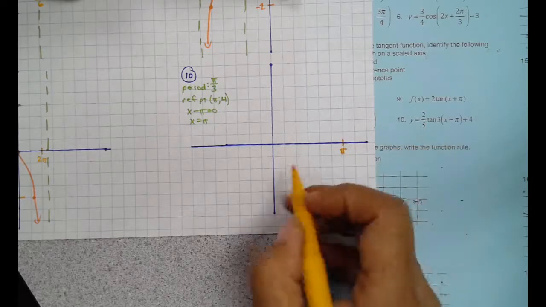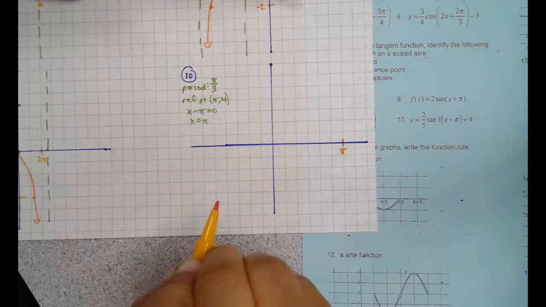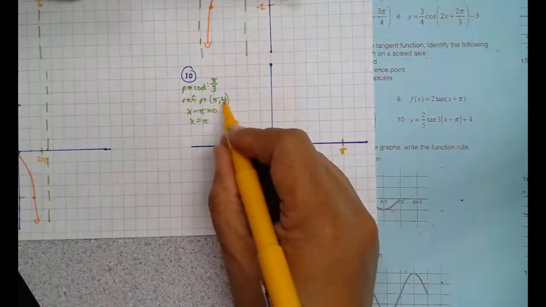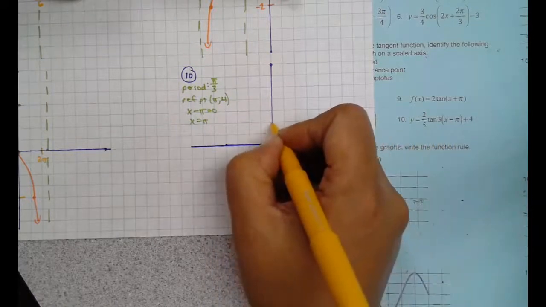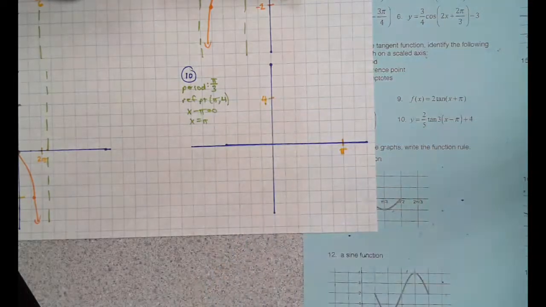So I went by pi over 6s. 1, 2, 3, 4, 5, 6. That's a pi. All right, and then scaling going up and down. This is going to start at 4, and then from that go up and down 2/5. So I'll go by ones. 1, 2, 3, 4.